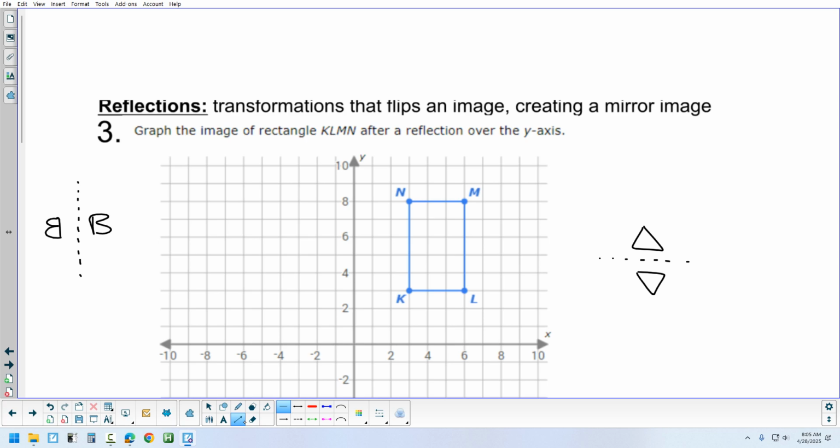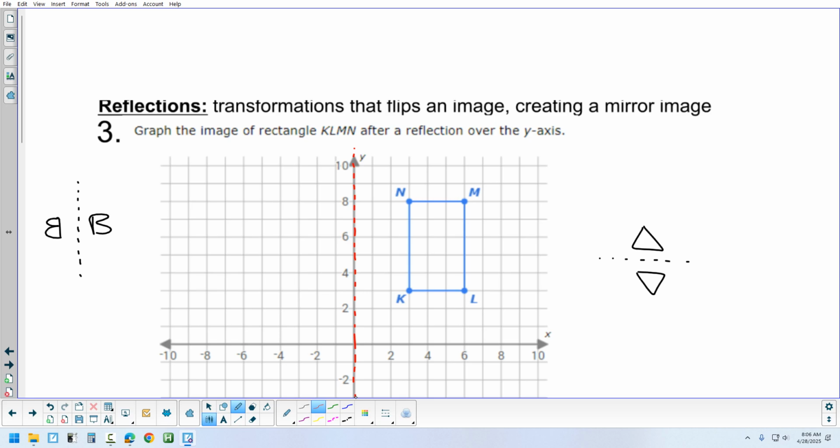Okay, so the easiest way to find the new points on a reflection is first read the problem and look at what they're asking you to reflect over. What are they asking me to reflect over in example 3? What does it say to reflect over? Yep. The y-axis. So if you want to imagine putting a dotted line right there, that's the line you're going to take and flip it right over.